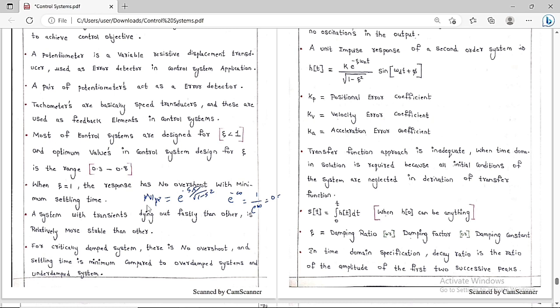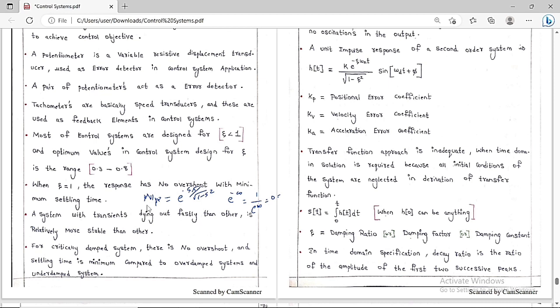The next point is, for a critically damped system, there is no overshoot and the settling time is minimum compared to overdamped and underdamped systems. This point I already told you: for a critically damped system, zeta is equal to 1.